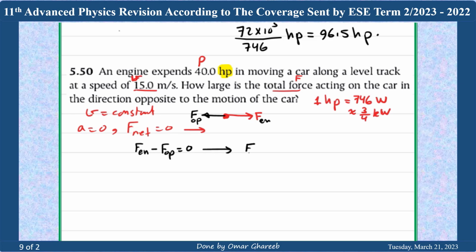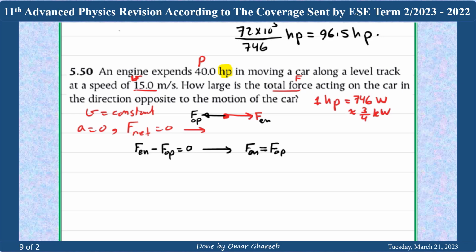So F engine equals F opposite to the motion. So if we find the force of the engine as a magnitude, we have the force opposite, the same value for the opposite force on the motion.